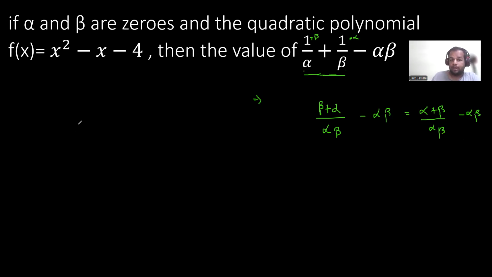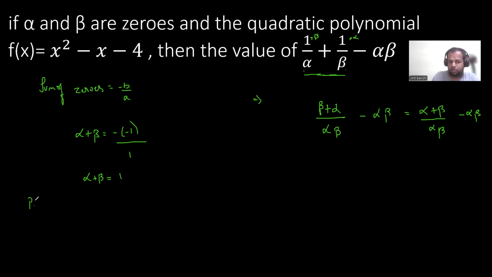Now, let's find the value of sum of zeros and product of zeros. So sum of zeros, the formula, you should be quite aware of it by now. It is minus b by a. In this case, alpha plus beta, and minus b over here is minus of minus 1. The a value is 1. So alpha plus beta is technically equal to 1.